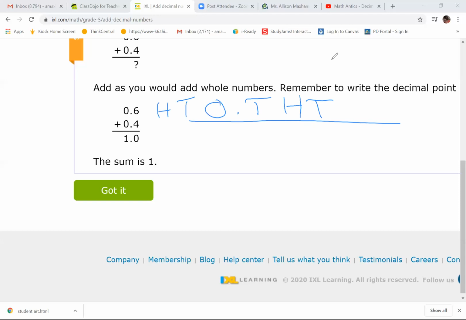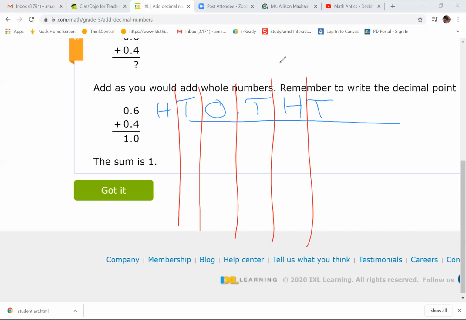Now let's think about this. When you're doing place value, only one digit can fit inside each place. So if I have 10/10, that 10 didn't want to fit there, did it? Here's my tenths. Can I put a 10 in there? No, I can't.